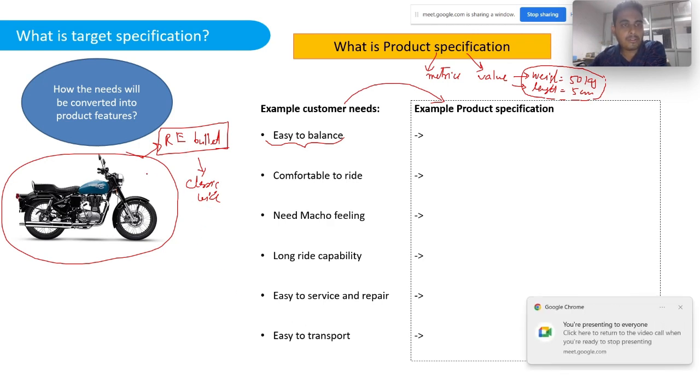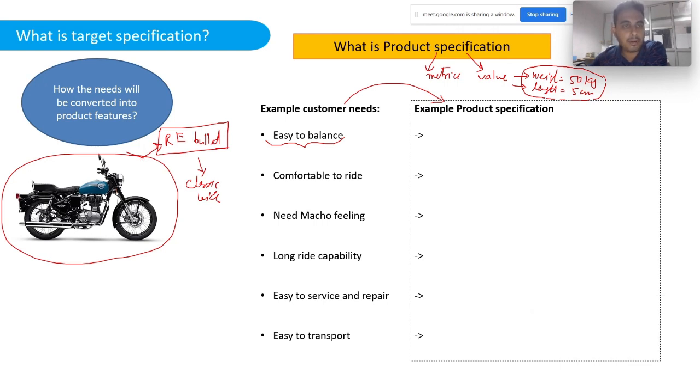Okay, just imagine you are a designer and you benchmark one bike like a Royal Enfield Bullet, and you want to design a classic bike similar to Royal Enfield. There are many other competitors, but you want to design something like a classic bike.